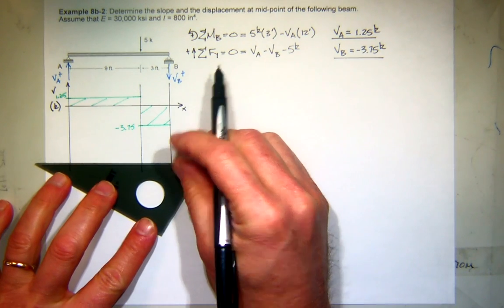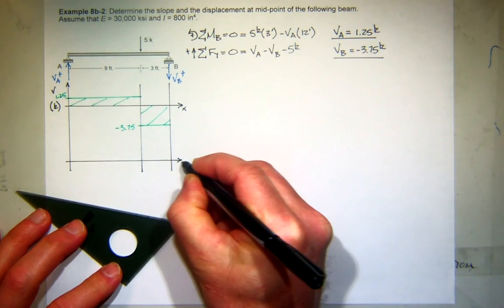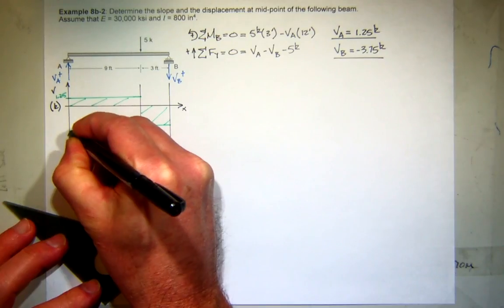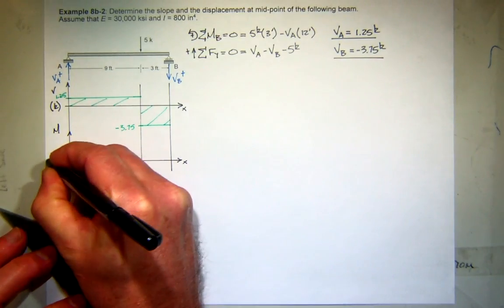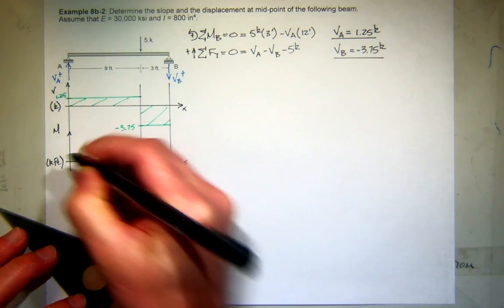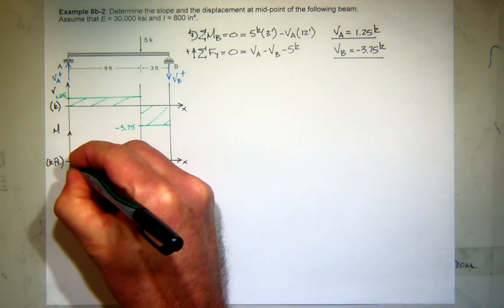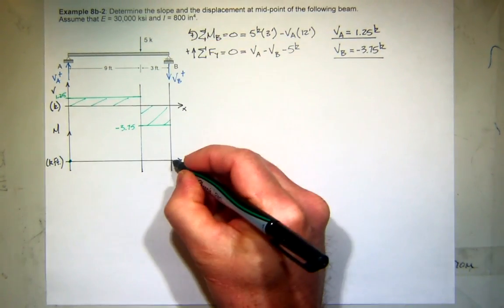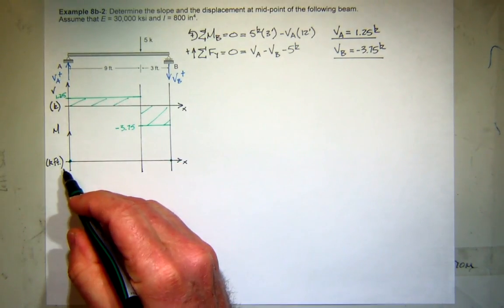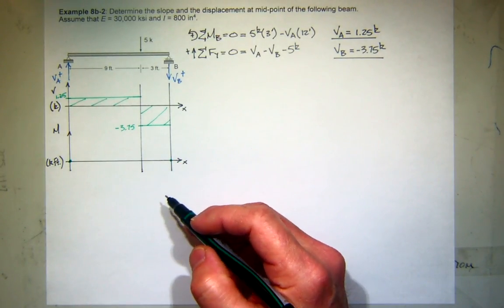And then I'm going to use the shear diagram to construct the moment diagram. And this will have units of kip feet. Now we do know that the moment at A is 0, and the moment at B is 0. So we kind of know where we're going to start. We'll use our strategy. Hopefully we'll land there.